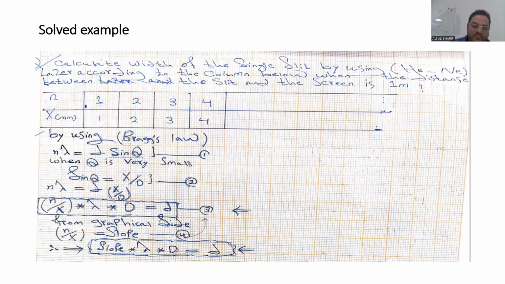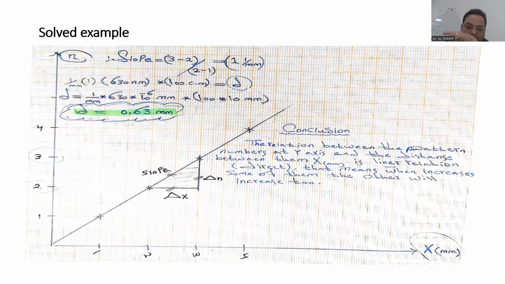By that, I can put the distance equal to slope multiplied by lambda multiplied by D capital, the distance between the screen and the single slit. Here the slope equals 1, but it has a unit. I should use it to prove the diameter, whose unit will be millimeter.